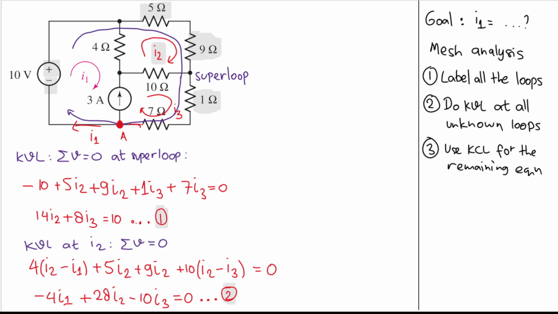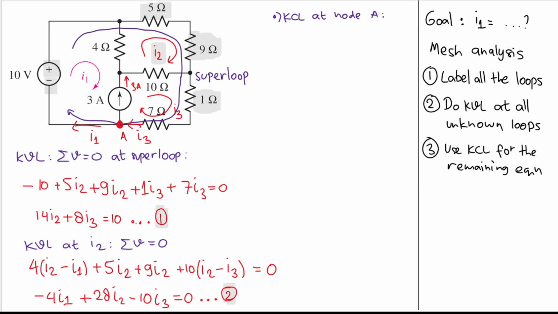So we have the current that goes there as I3. And then the current in this branch here is exactly 3 ampere, right? Because this is a current source. Okay, now we can do KCL at node A.